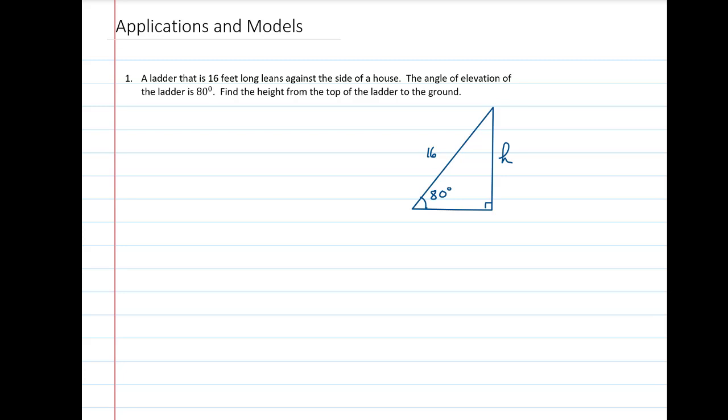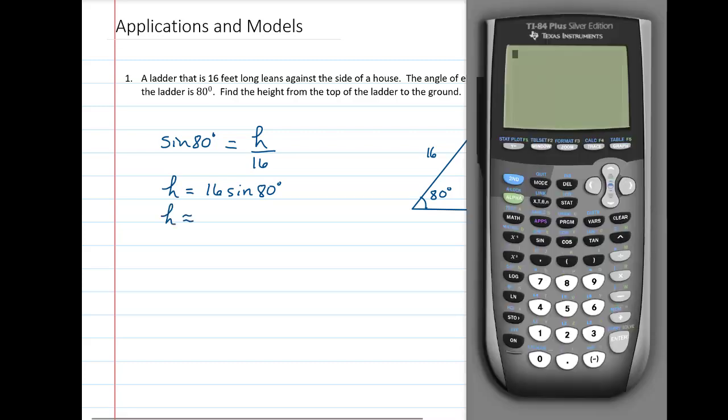So we want to set it up by saying sine of 80 degrees is equal to opposite, which is h, over hypotenuse, over 16. And then we solve for h. h is going to be equal to 16 sine of 80 degrees, and this is just calculator. Okay, so putting this in the calculator, first of all, we want to make sure our mode is in degrees, since we're dealing with degrees here in application problems.